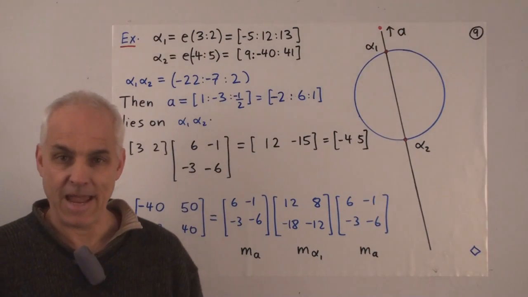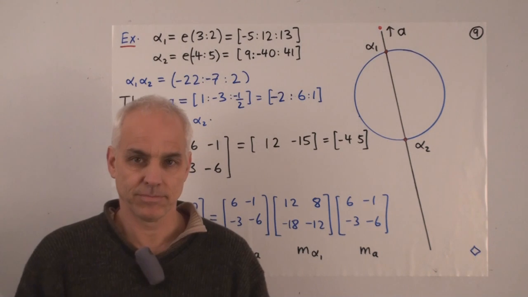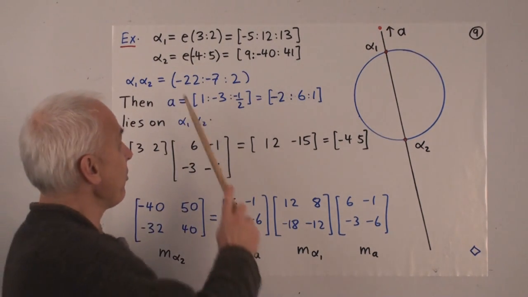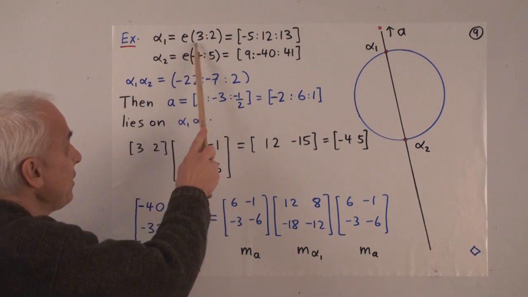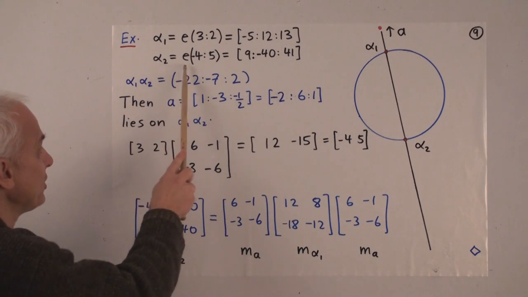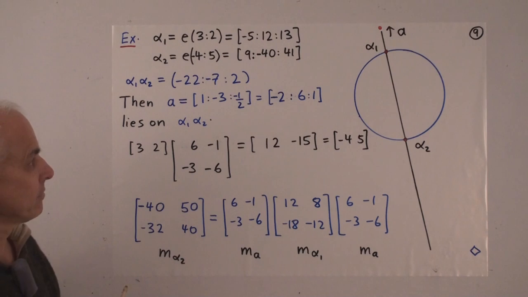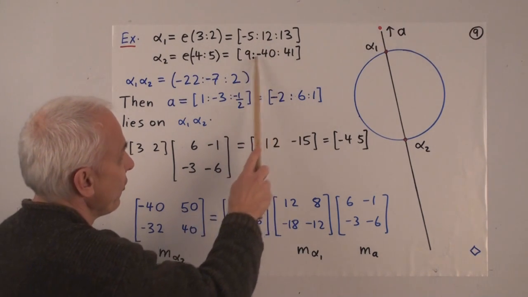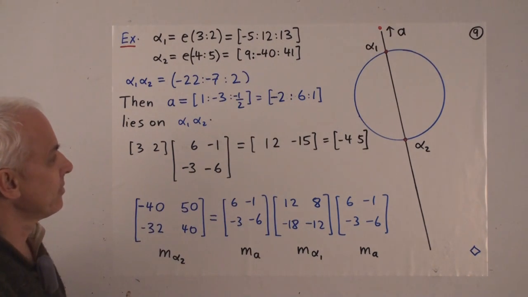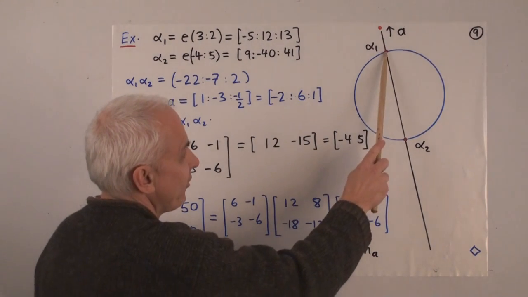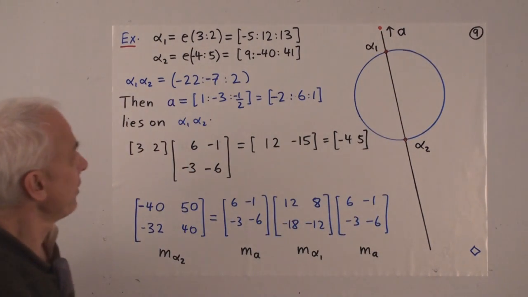So let's look at an example to illustrate this theorem. I'm going to choose two null points. Alpha 1 is E 3 to 2, and alpha 2 is E minus 4 to 5. Here are the homogeneous coordinates of those two points. Geometrically, alpha 1 is there, alpha 2 is there.